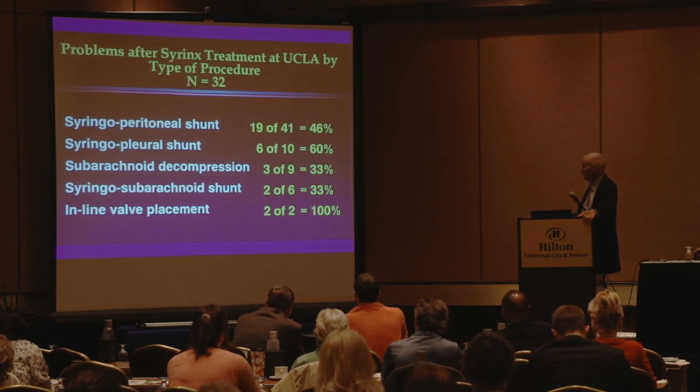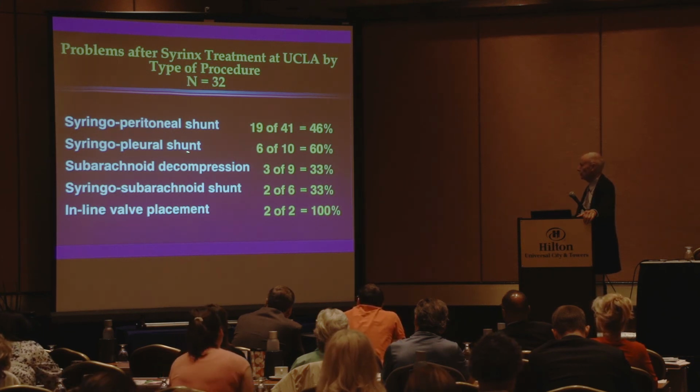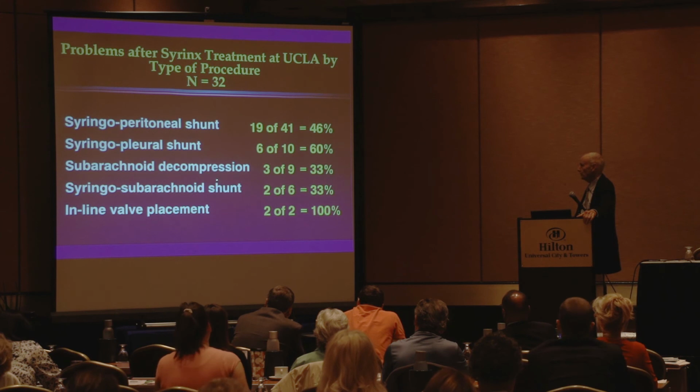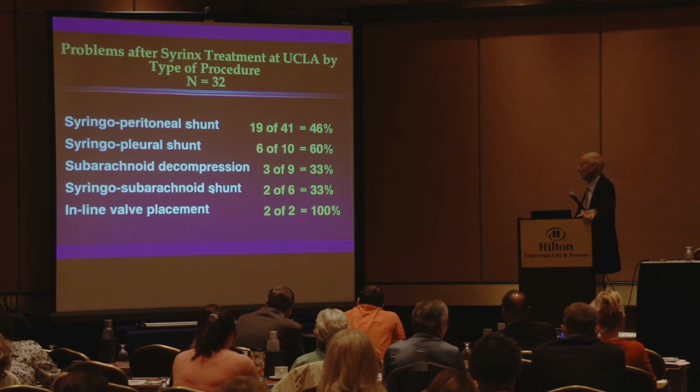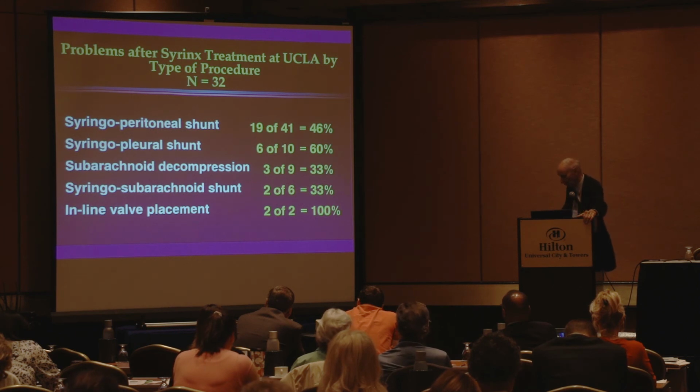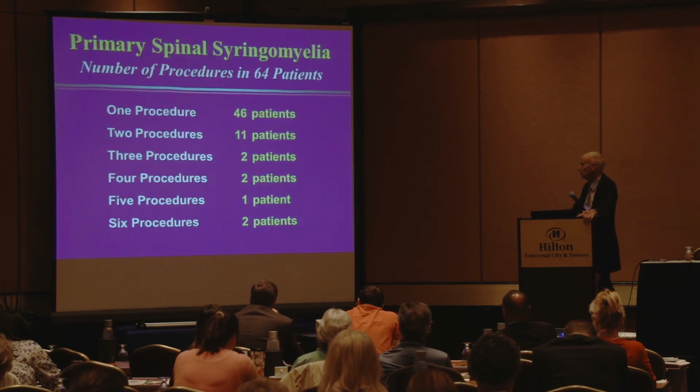Problems that we've had after any type of shunting: syrinx to peritoneal shunt, syrinx to pleural shunt, subarachnoid decompression, even with a syrinx to subarachnoid shunt, and one patient who had an in-valve placement.